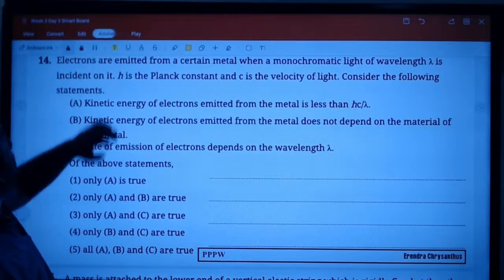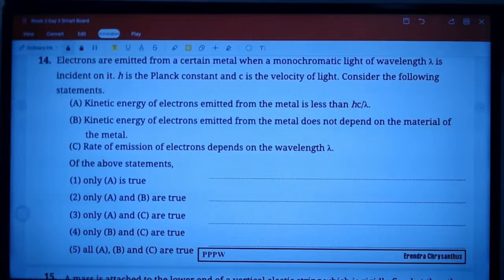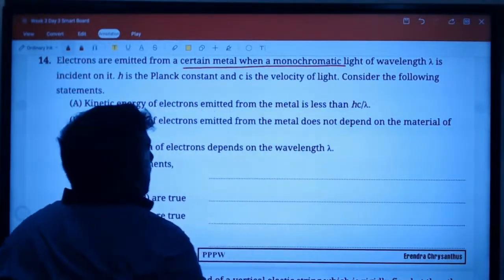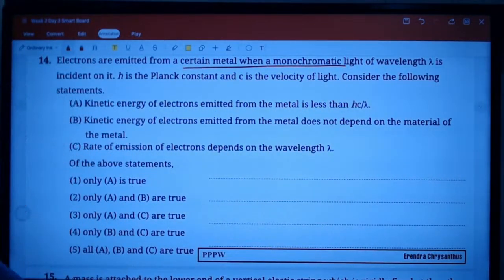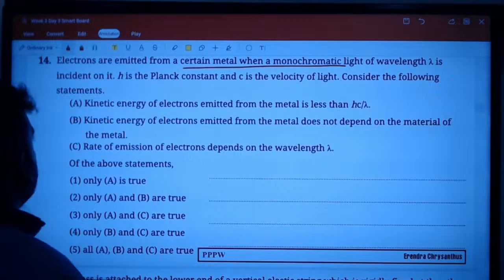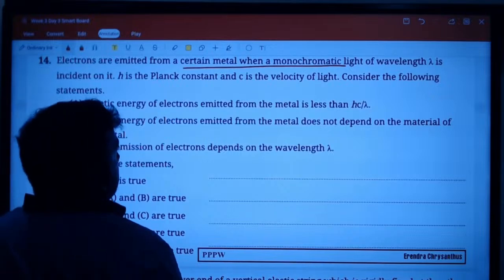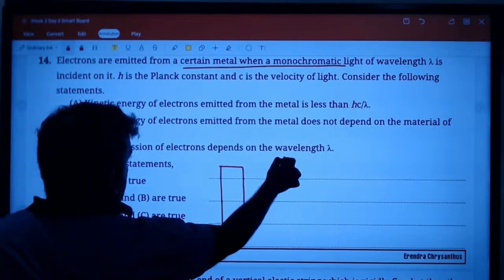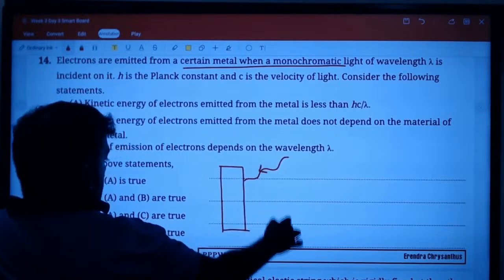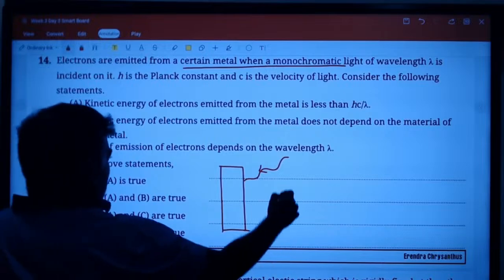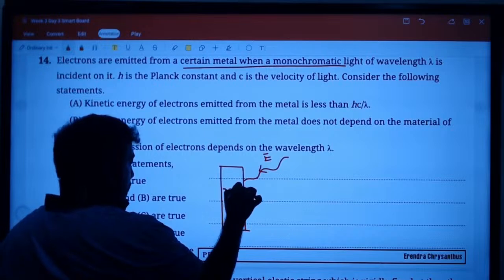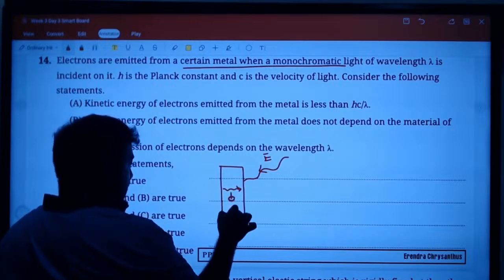Electrons are emitted from a certain metal. So, photoelectric effect. Consider the following statements. Now, metal is there. All of you should know the basic rule. Photon incident energy. The electron will do some work to come to the surface, the work function.